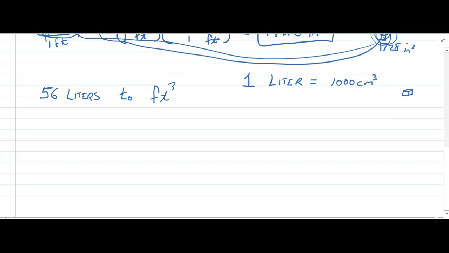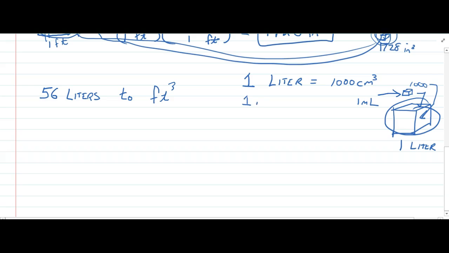If you piled up 1,000 of these to make a bigger box, so that there was 1,000 of these in here, this whole thing would be 1 liter. And then it so happens that these little cubic centimeters are defined as being what we call a milliliter. And 1 milliliter is equivalent to 1 cubic centimeter.